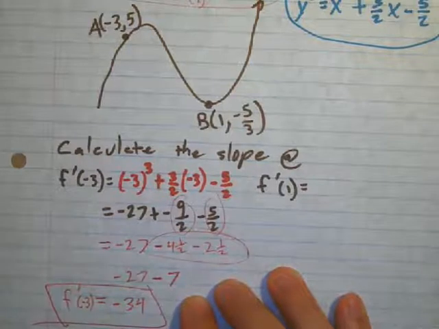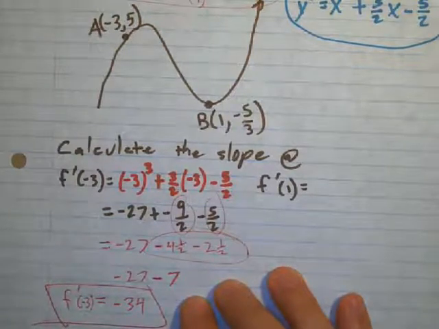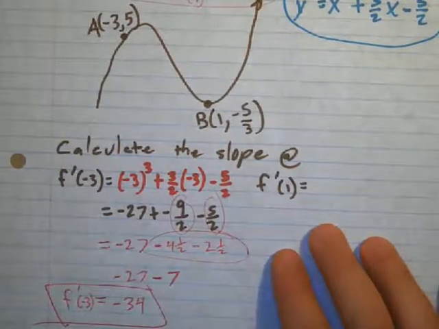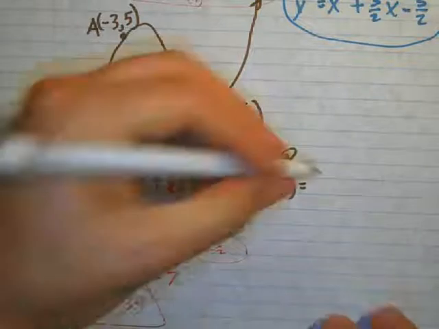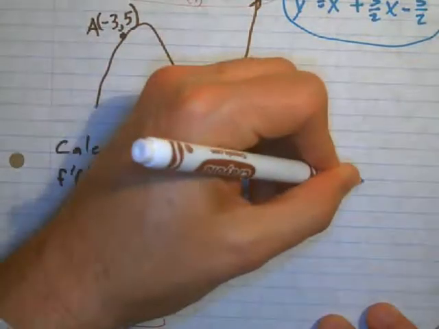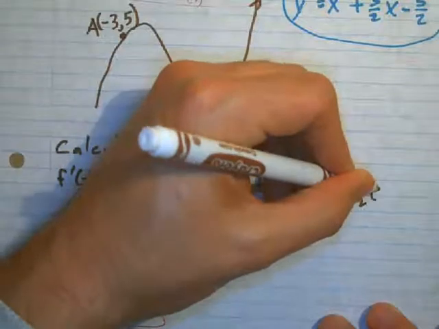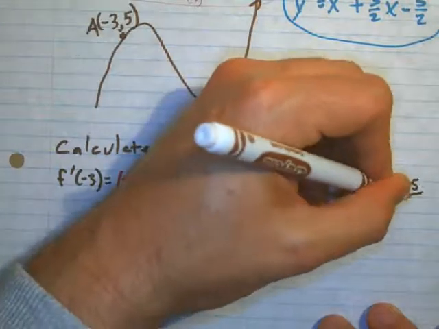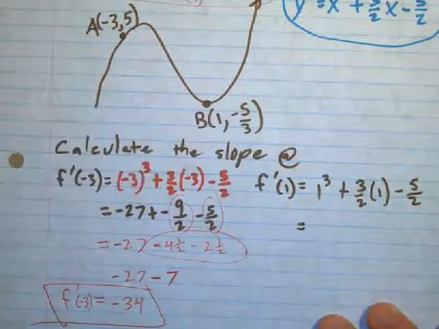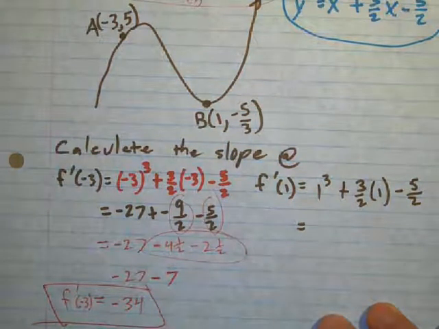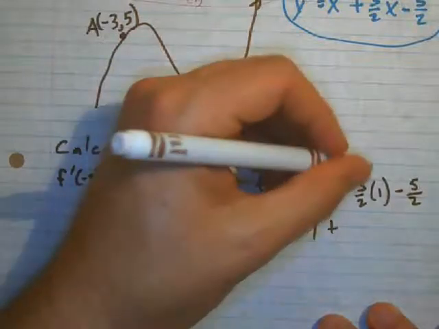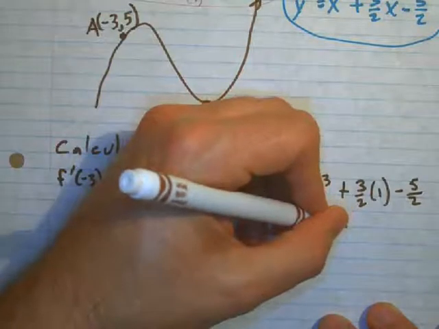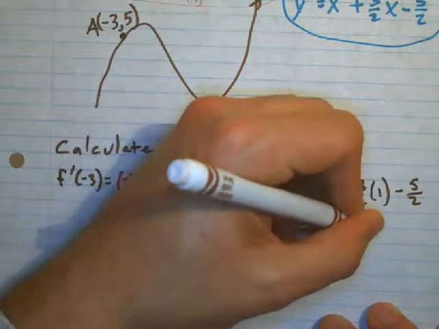All right, let's try this one here. I'm going to plug in 1 into my derivative, and then we're going to end up with 1 cubed plus 3 halves times 1 minus 5 halves. So we get 1 plus 1.5 minus 2.5.